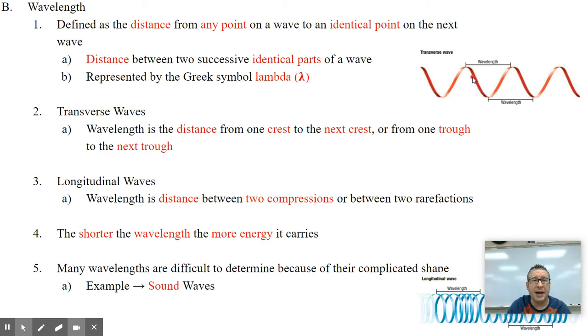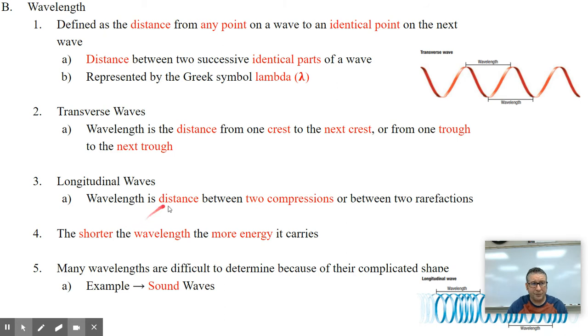Or if we pick this point and that point, which is identical in location on the neighboring wave, we can measure the wavelength there. Any point along this wave and the identical point on its next wave, we can measure the wavelength.